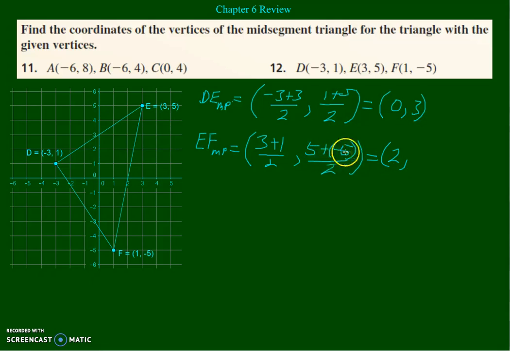And 5 minus 5 is 0. 0 divided by anything is still 0.